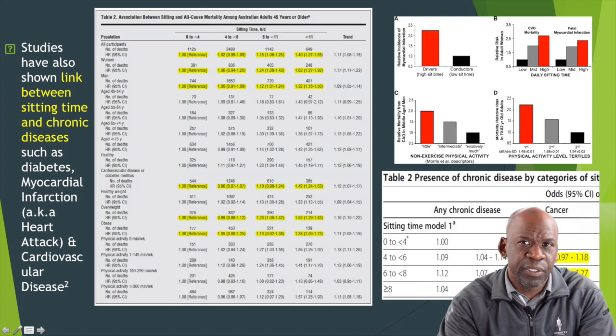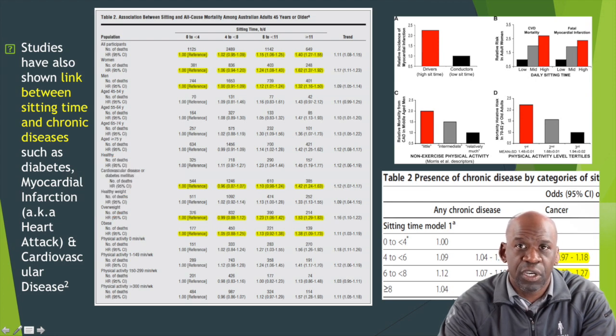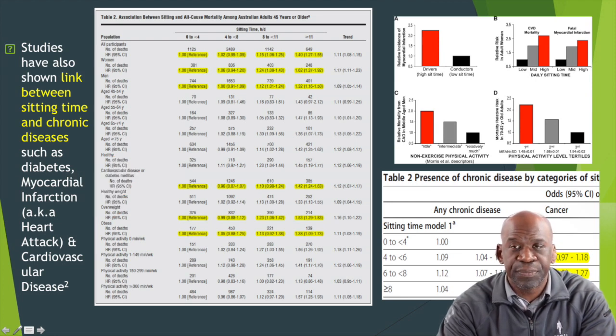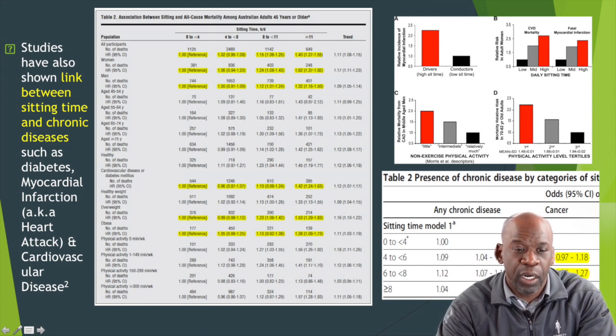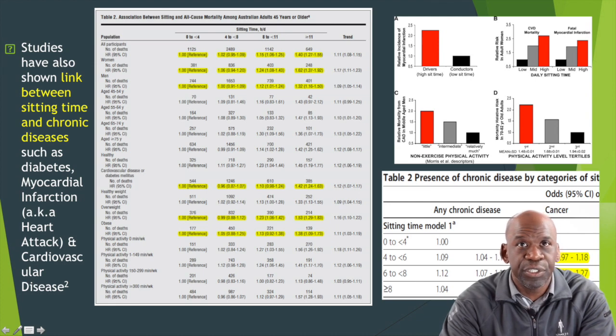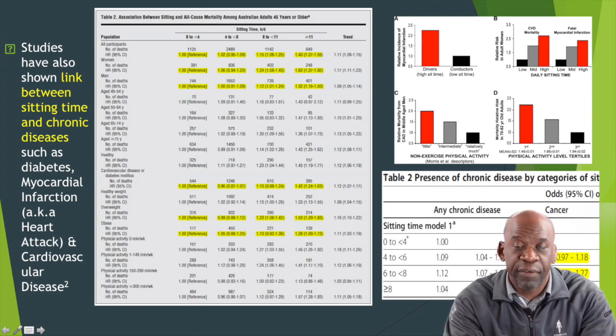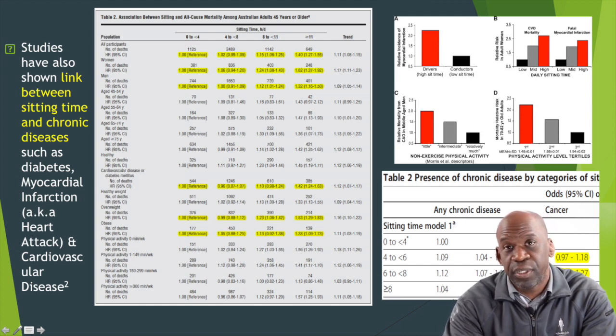So if you pick any particular disease, for example, cardiovascular disease, which is shown on the bottom half of the chart and is highlighted in yellow, we can see that as we move from left to right, where sitting time increases from 0 to 4 hours to greater than 11 hours, the incidence of cardiovascular disease increases as the amount of sitting time increases. So as one goes up, so too does the other.